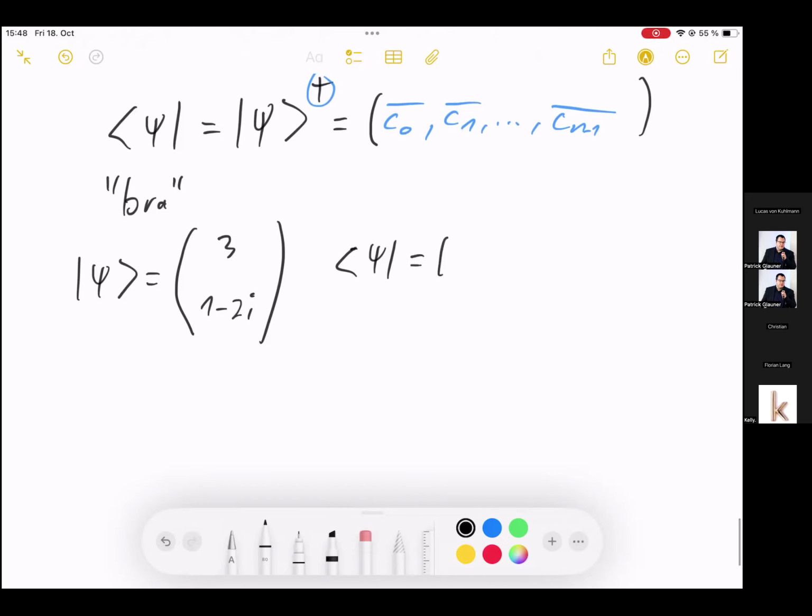And it's 3. The next element is 1 plus 2i. It's very important that it's a row vector. So those of you who wrote this in the chat, well done. It makes a big difference whether you're dealing with a row vector or a column vector.